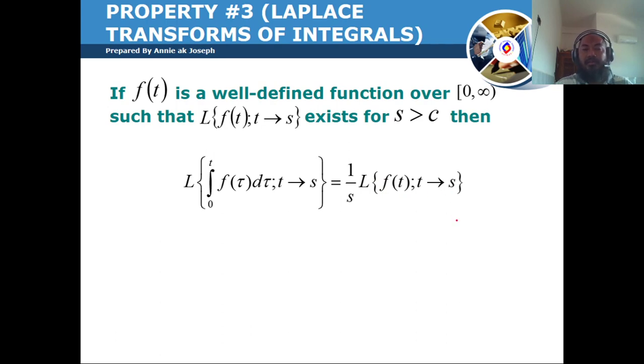Okay, it sounds complicated. Let us see the example.